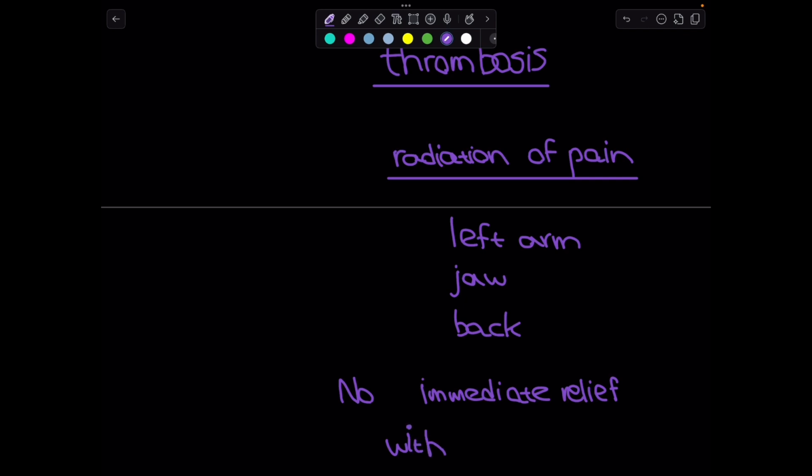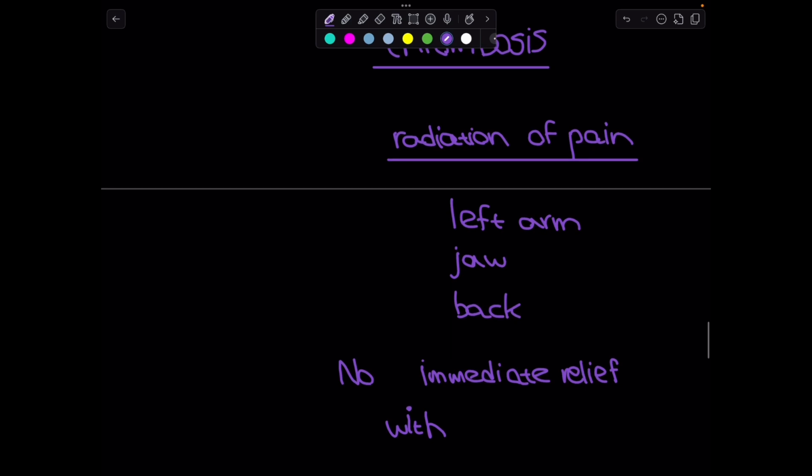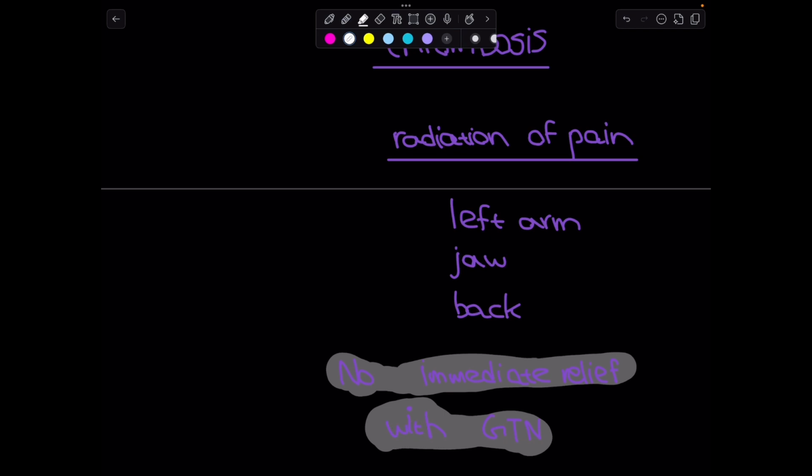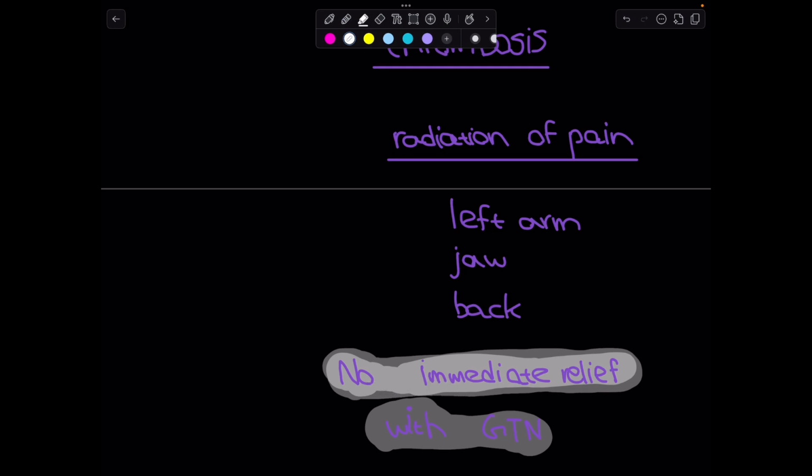But so if you use GTN, is it going to relieve the pain immediately or no? Glyceryl trinitrate, GTN, or nitroglycerin, typically relieves chest pain in acute coronary syndromes, ACS, like unstable angina, within minutes, by dilating coronary arteries to improve blood flow to ischemic heart muscle and reducing heart workload through vasodilation.